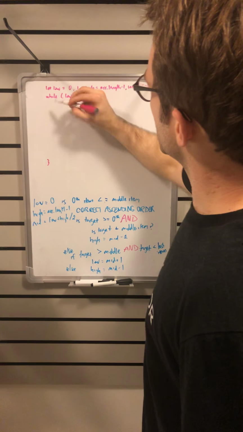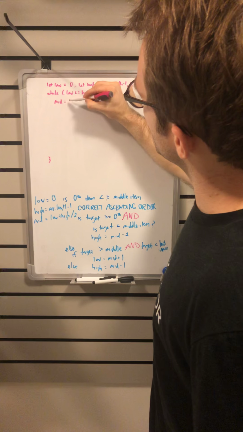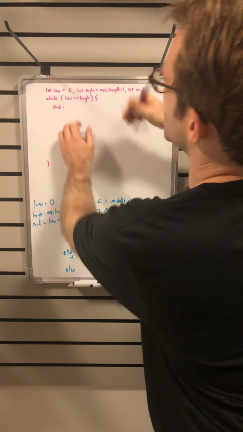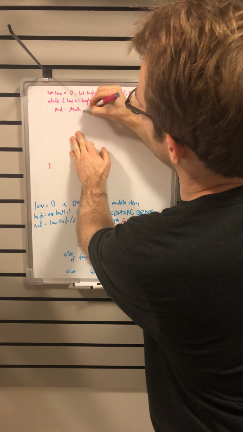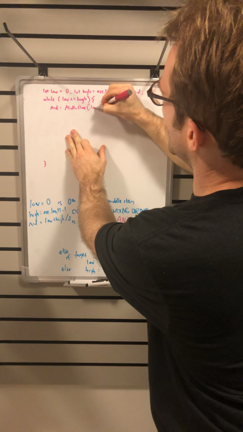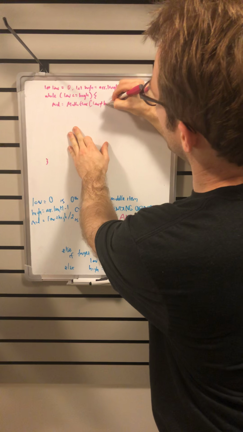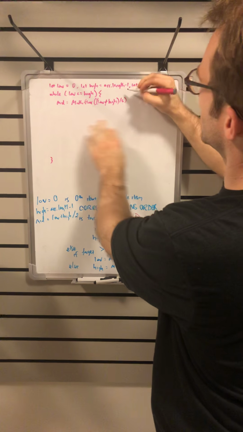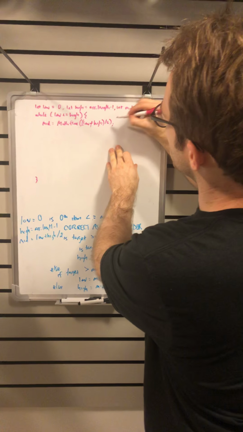And what are we going to say? We're going to say mid is going to be equal to low plus high. Since this is JavaScript, we have to Math.floor low plus high divided by 2. That'll give us the mid.